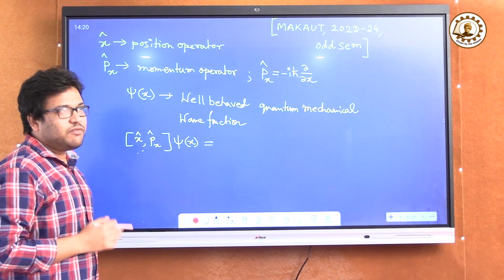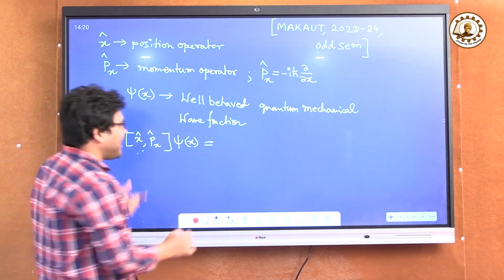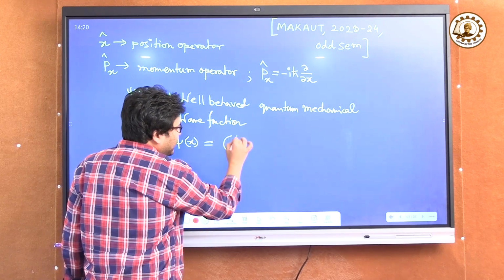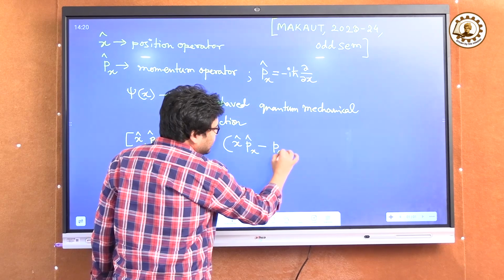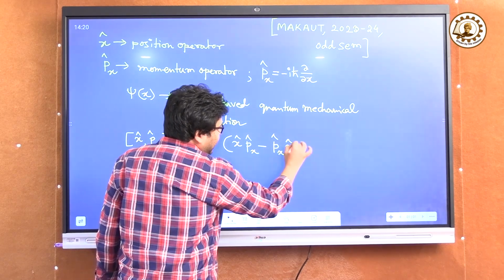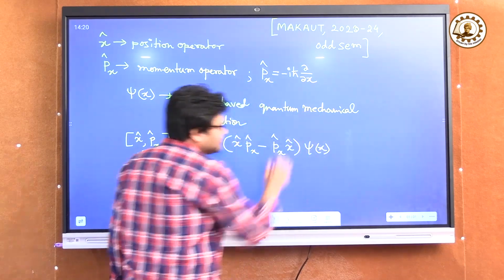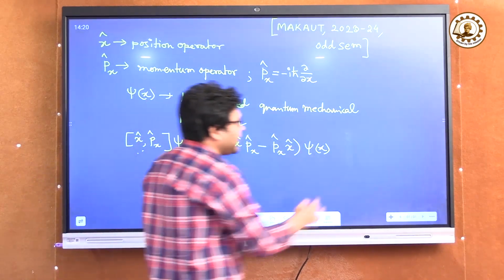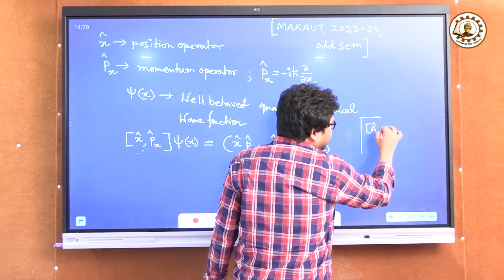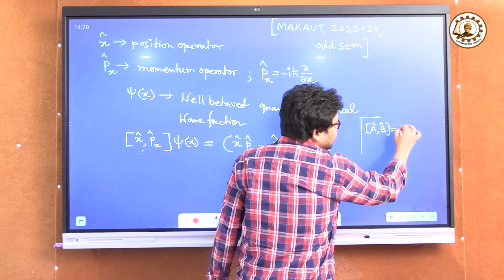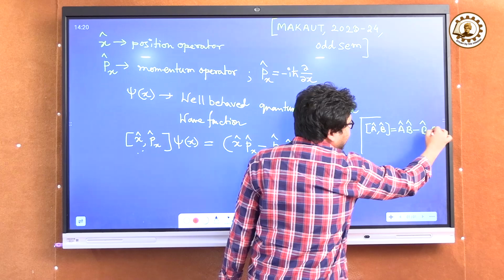By the definition of the commutator bracket we can expand this [x cap, px cap] as follows: (x cap px cap minus px cap x cap), that is going to operate on psi of x. Because, as I have already mentioned previously, the commutation bracket between any two operators is equal to a cap b cap minus b cap a cap.